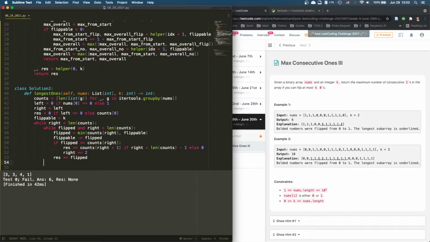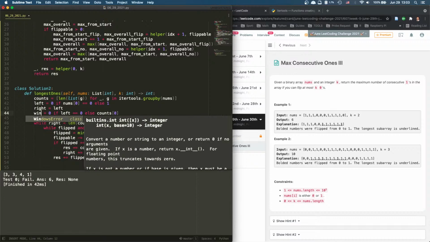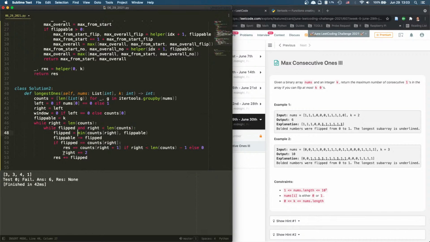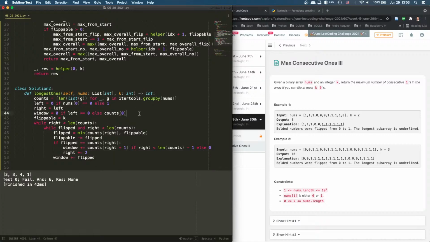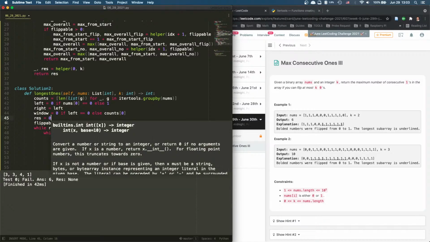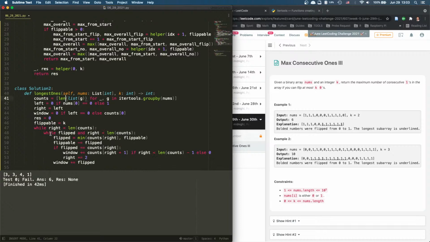we shouldn't call it res. We should call it the window. Let's call it window, because it's a sliding window. So res is going to be window, and res is going to be 0. So we go through that.